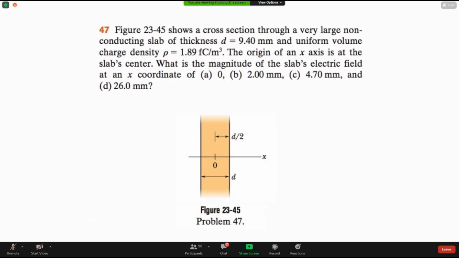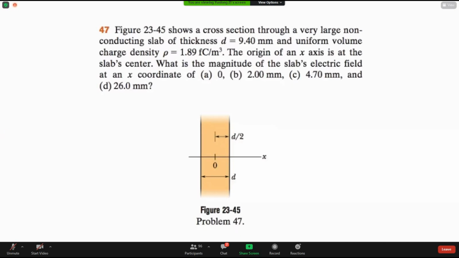Let's see another question that is also related to the Gaussian surface. This figure shows the cross-section through a very large non-conducting slab of thickness D and uniform volume charge density. What is the magnitude of the slab's electric field at x-coordinates of 0, 2, 4.7, and 26?